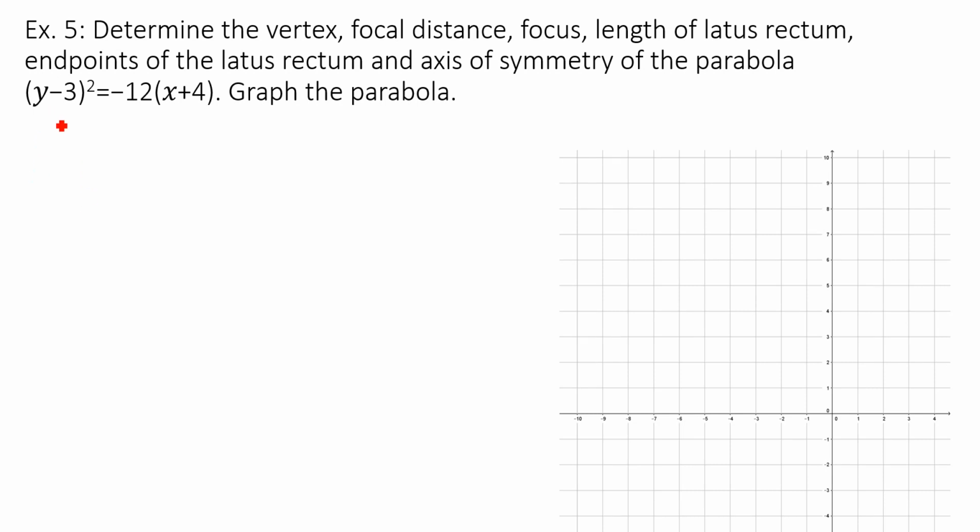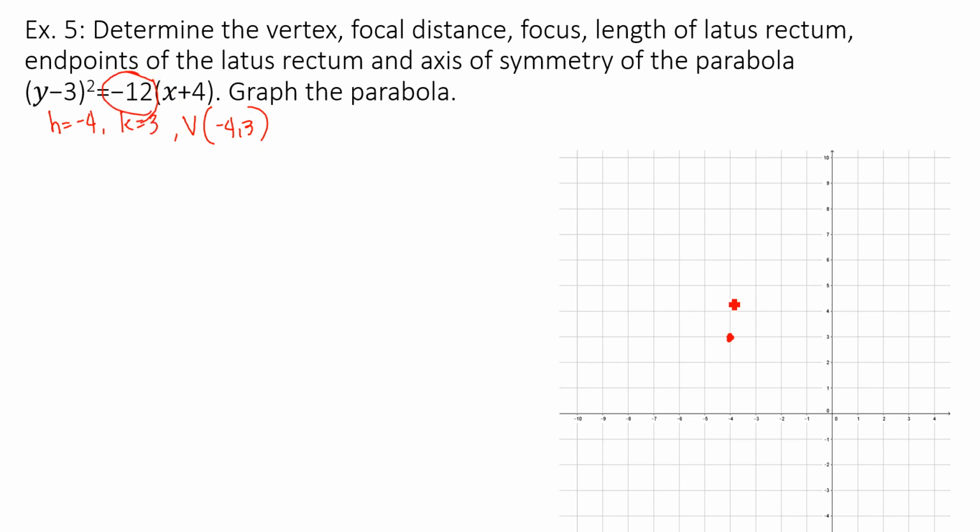The partner of x is our h, so h is equal to negative 4. Our k is equal to 3. That implies that the vertex is (negative 4, 3). This is our vertex.